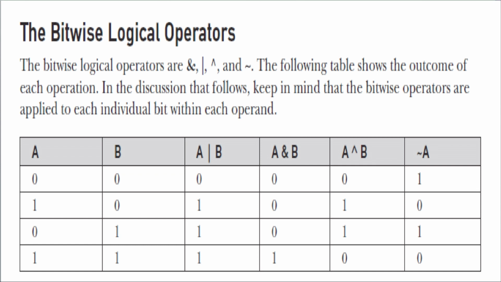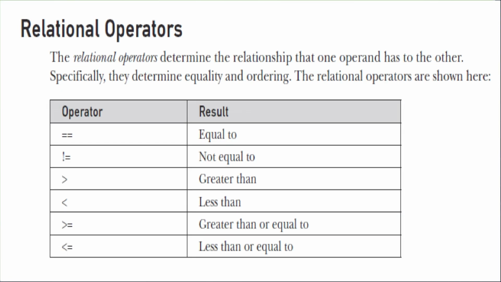Now I am explaining the relational operators. By using this slide, you can see the different relational operators. The double equal sign is the equal to relational operator, then not equal to, greater than, less than, greater than or equal to, less than or equal to.